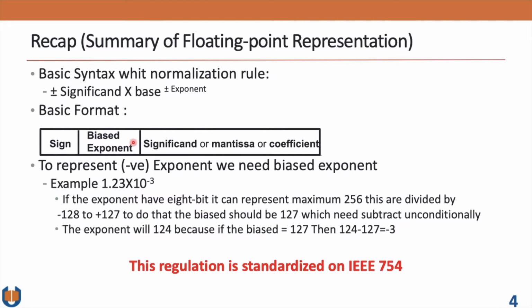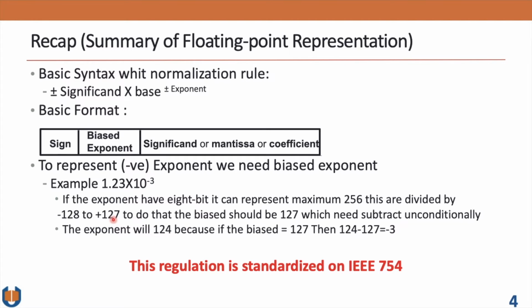In 8 bits we can write a maximum of 256 values, but we need to represent positive values as well as negative values. So we have to divide the values within the range -128 to +127. To do that, the bias for this 32-bit format is defined as 127.